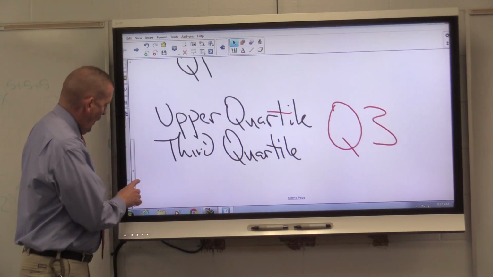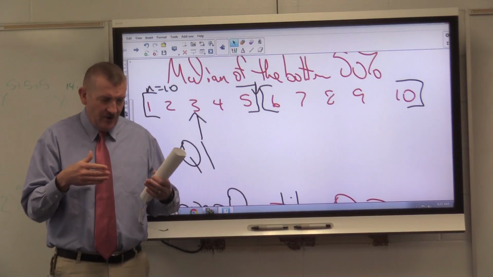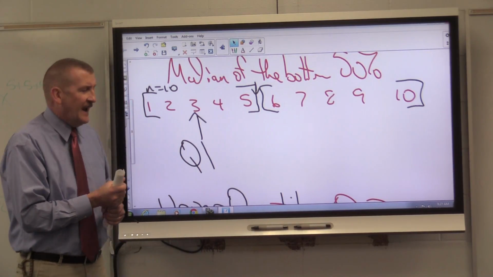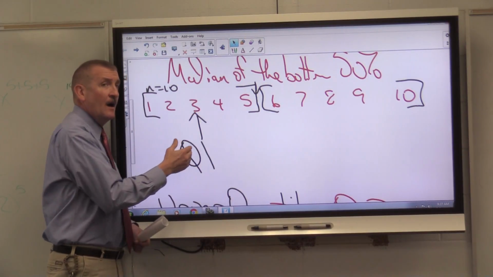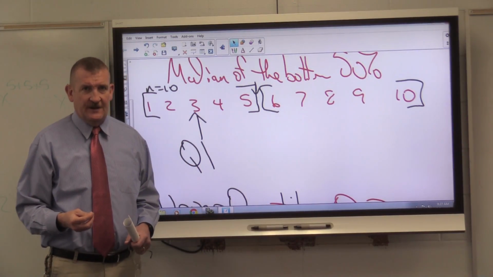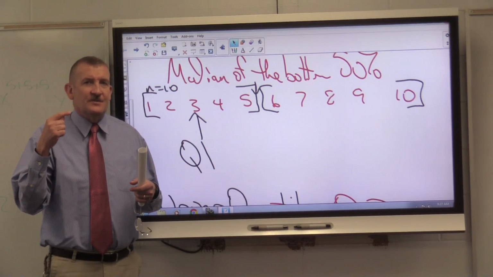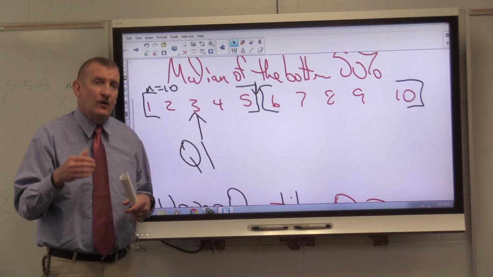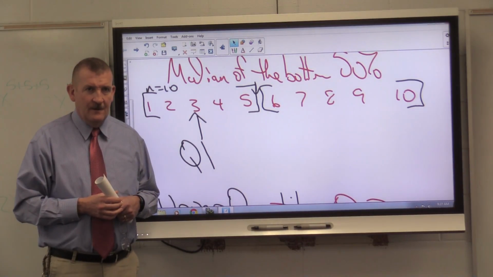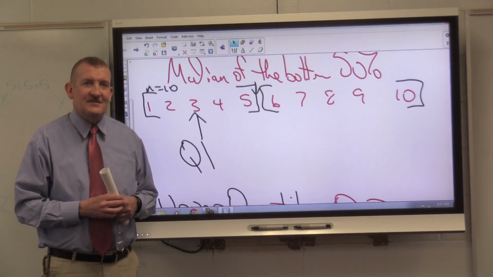Now, hopefully you're able to go back to this data set and connect your understanding that your lower quartile is the median of your lower 50% of your data, and now you can apply that same understanding to calculate your upper or third quartile. What do you think it is? I'll give you a second to think about it. The second has passed.